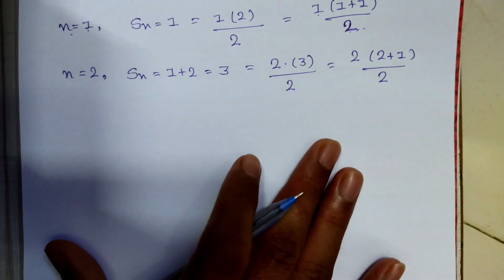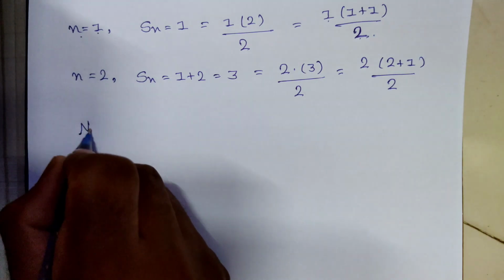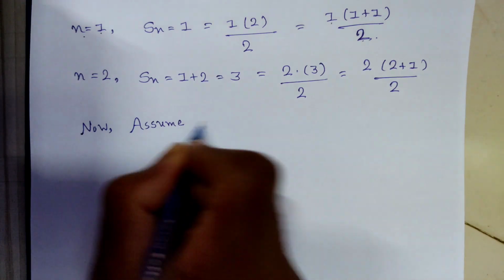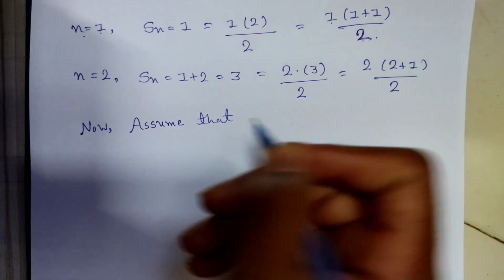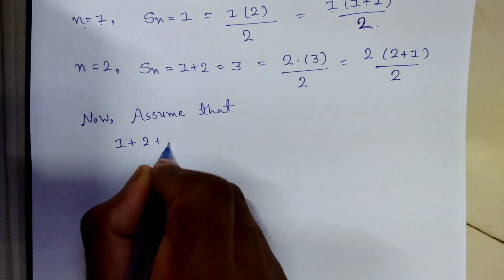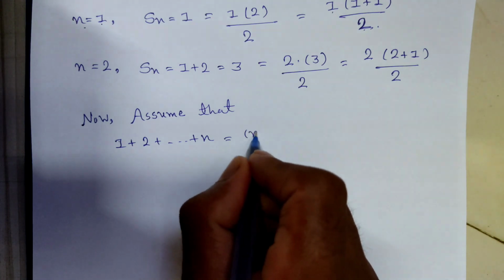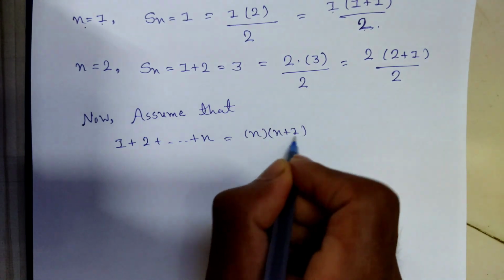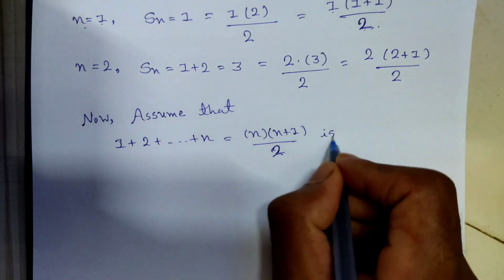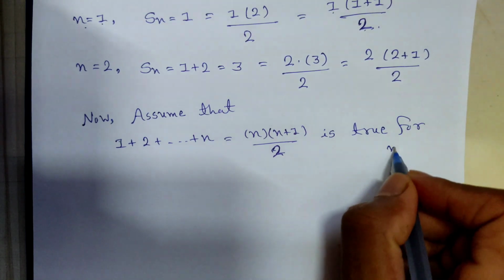Now we will assume it for n equals k. Now assume that the sum up to n, n into n plus 1 by 2, is true for n equals k.